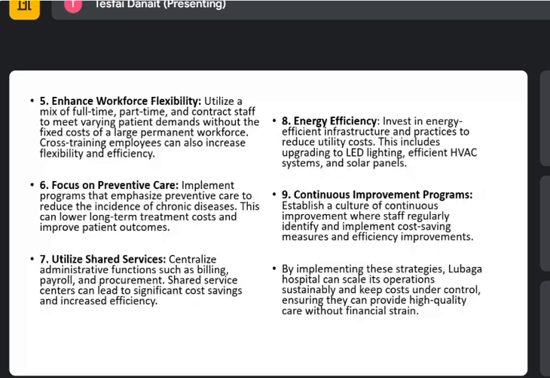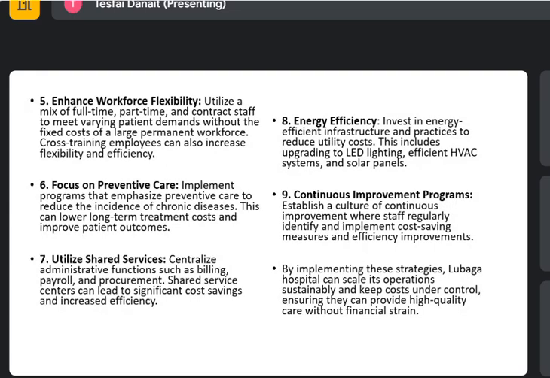Energy efficiency has also already been explained. And also, we have to be continuously improving because we don't have to be static. So we have to establish a culture of continuous improvement where staff regularly identify and implement cost saving measures and efficiency improvements. We have to be dynamic and open to continuous learning and improvement.